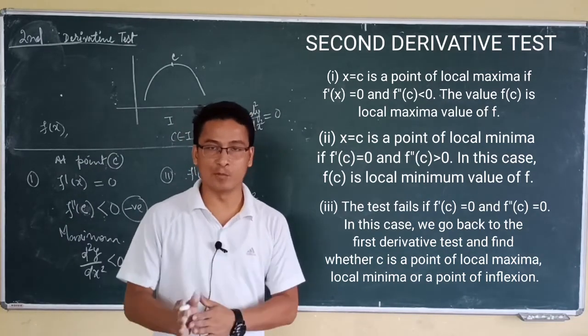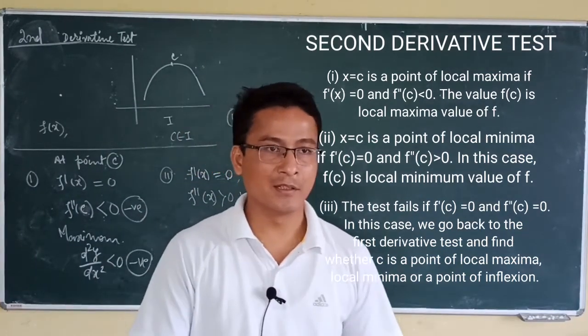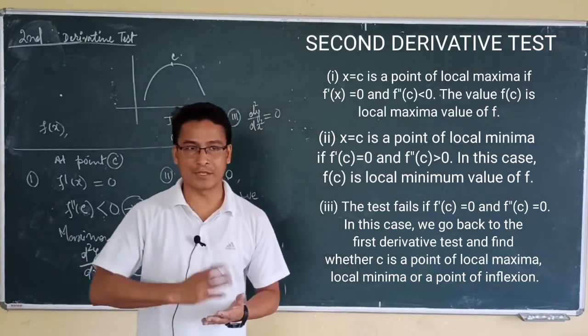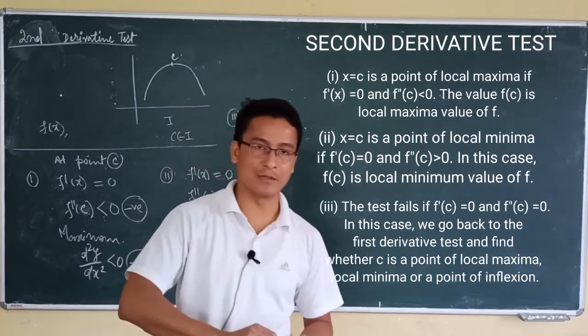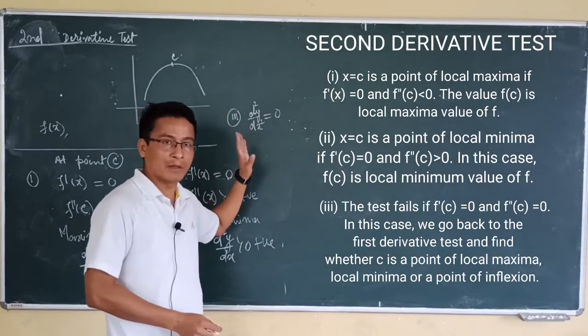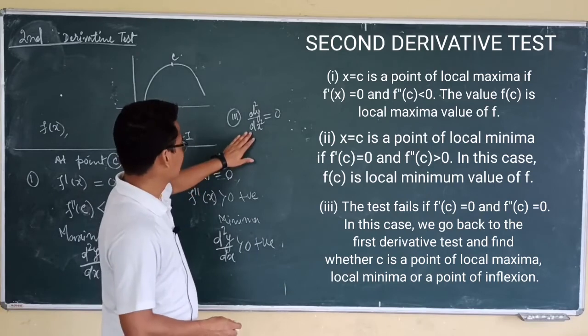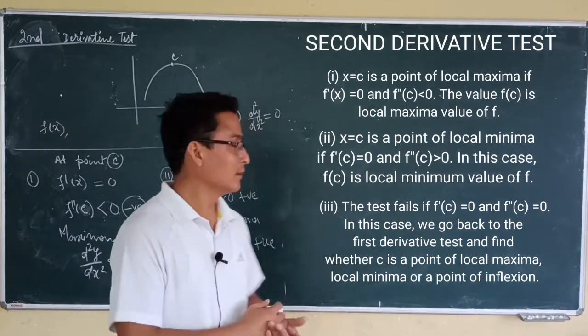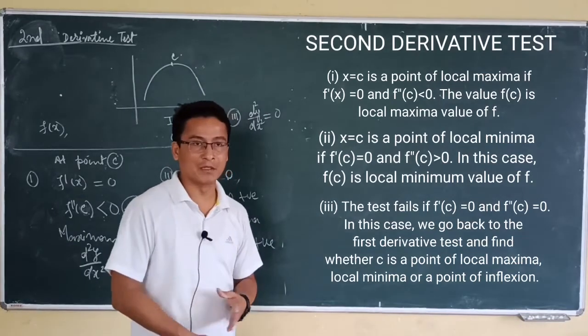We see the slope. If the slope does not change its sign, from positive to negative or negative to positive, then we call it a point of inflection. If it changes sign, then we say it is a maximum or minimum.